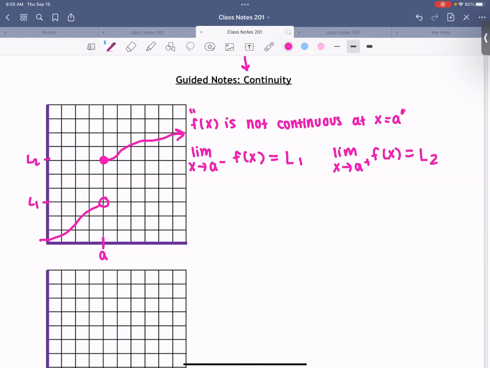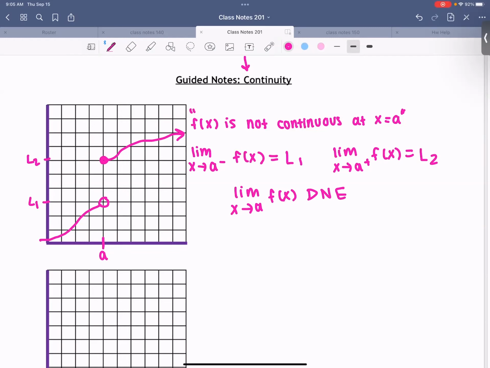L1 is different from L2, so the limit as x approaches a of f of x, does that exist? No, right? So this limit does not exist because the two limits from the left and the right were not equal, okay? So it's pretty obvious that if the limit of a function doesn't exist, we have discontinuity, right? So whenever that limit doesn't exist, not continuous.